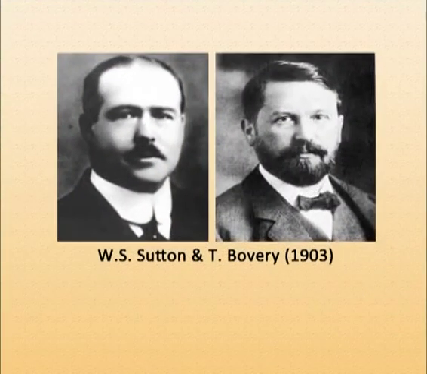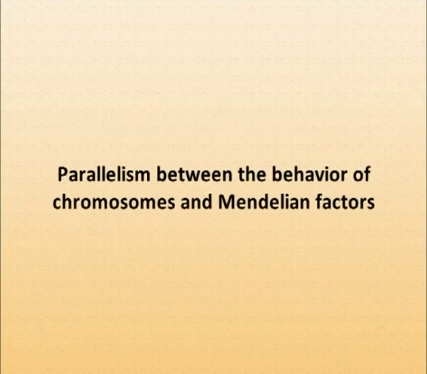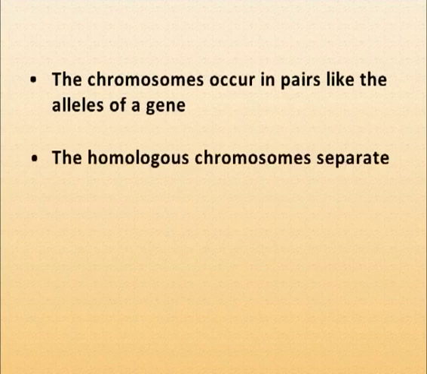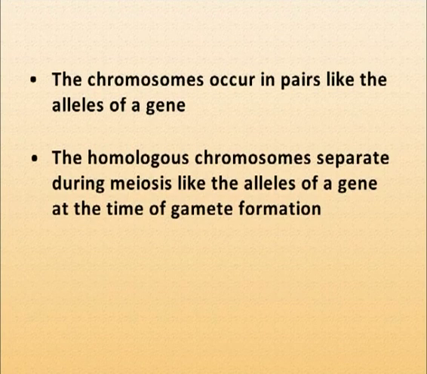W. S. Sutton and T. Boveri in 1903 showed a parallelism between the behavior of chromosomes and Mendelian factors. This can be explained, for example: number 1, the chromosomes occur in pairs like alleles of a gene. Number 2, the homologous chromosomes separate during meiosis like the alleles of a gene at the time of gamete formation.